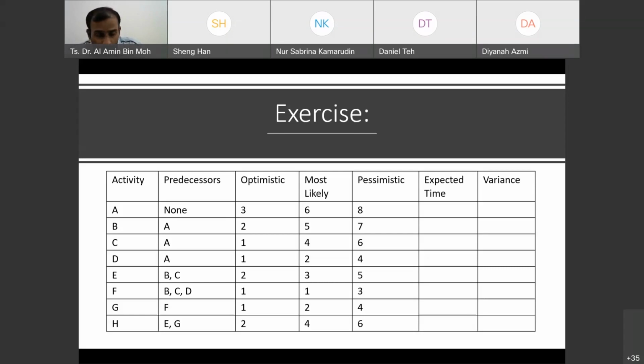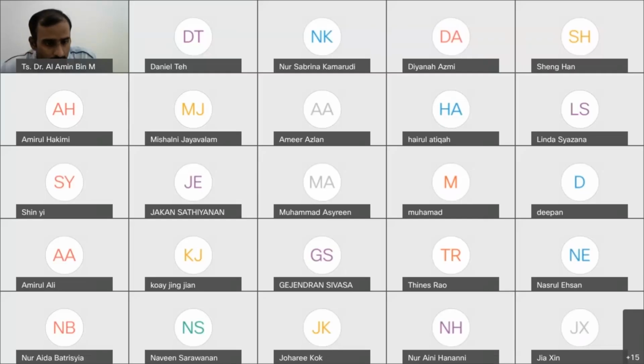Have you got any information about the midterm test? Yes, doctor. Project management, 25th April. How did you get the information? From the FKP Facebook. Okay, so 25th, the location? Dewan Chancellor. Time?